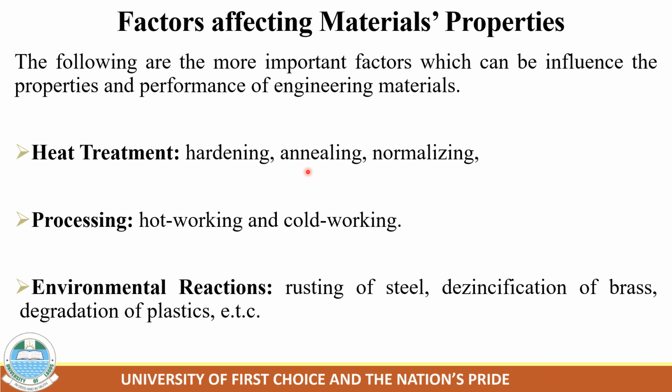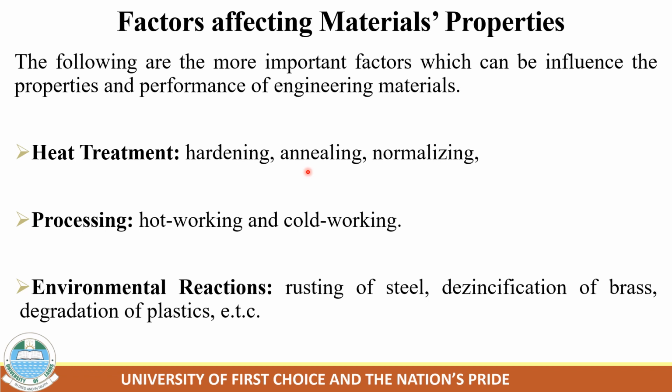So if you have your metal you want to work on, maybe when you buy it raw in the market, it's very hard to cut or machine. It's very hard, so you can subject it to annealing, softening heat. You soften the material, and as well, if the material is very soft and where you want to use it, you need it to be hardened, so you subject it to hardening.